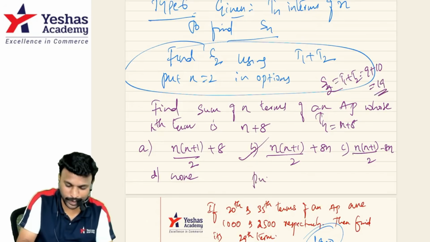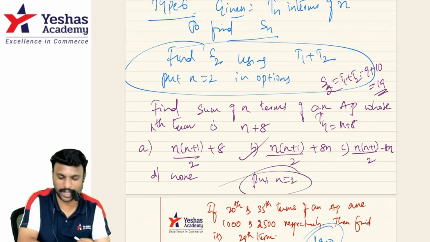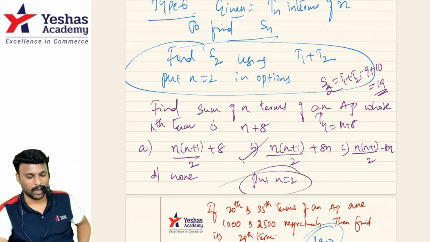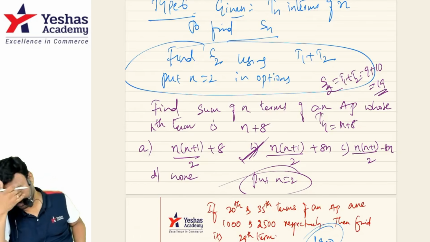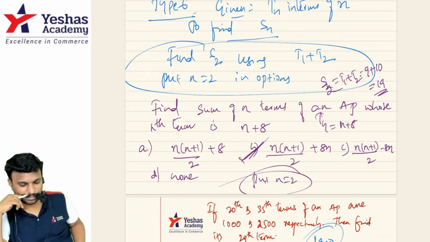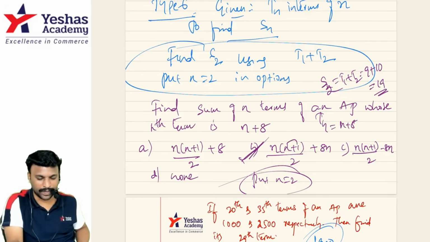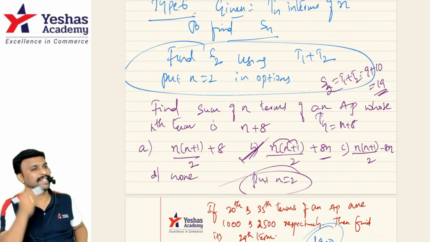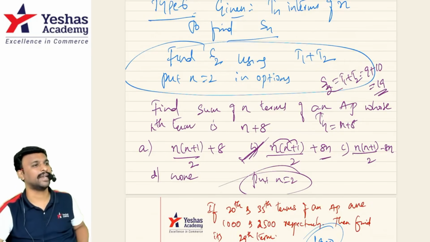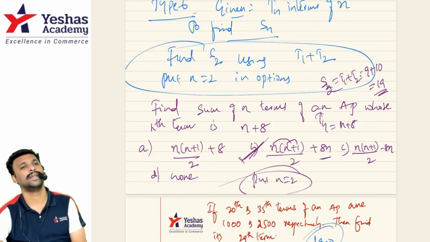Now put n equal to 2 in the options. Which option gives you 19? Option B only. How? 2 plus 1 is 3, 3 2s are 6, 6 by 2 is 3. 8 into 2, 16. 16 plus 3 is 19. You're getting it, everybody. Say yes or no?